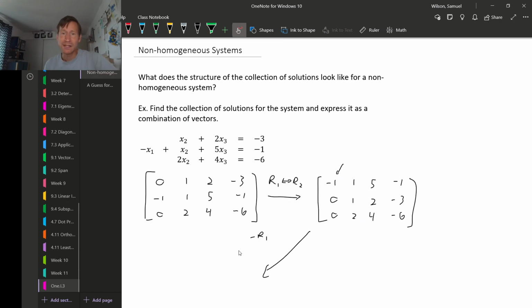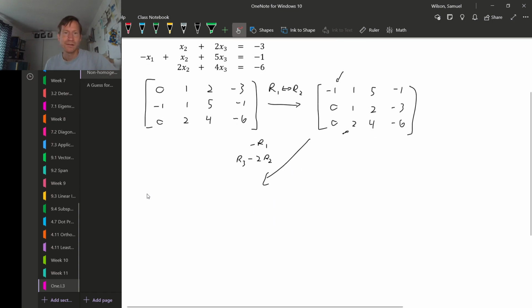While we're at it, let's take row 3 and subtract 2 times row 2, and that's going to zero out this 2 right here. So that gives us 1, minus 1, minus 5, 1, 0, 1, 2, minus 3, and it looks like this is actually going to completely zero out the third row.